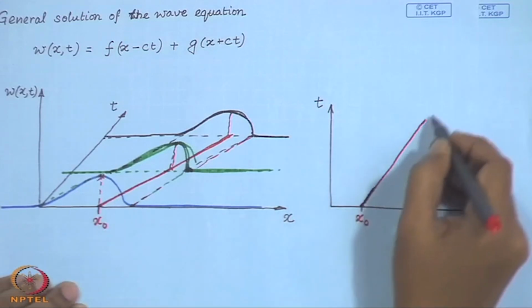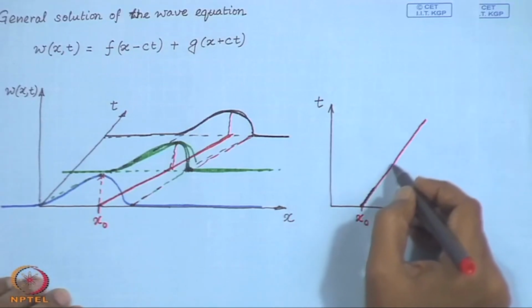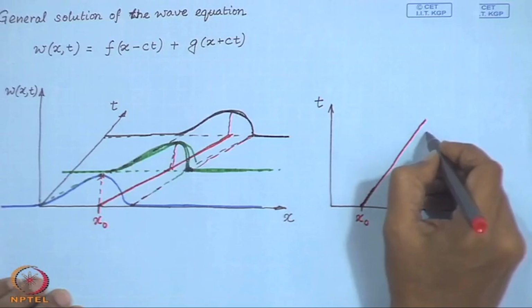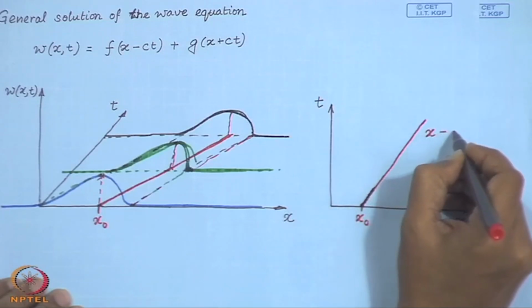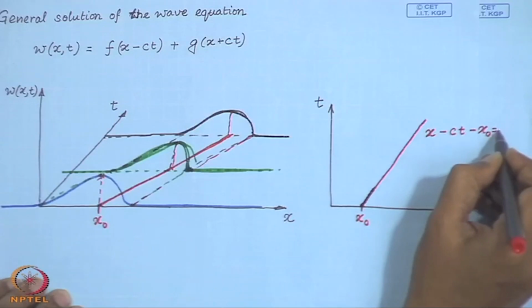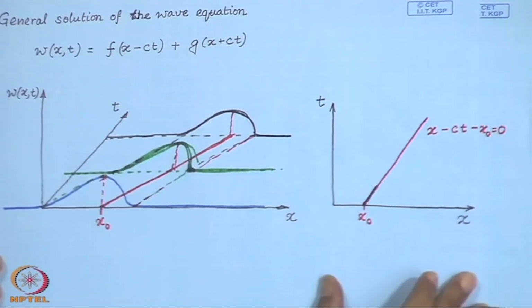Then this line tracks the peak of the wave, and the equation of this line is given by this.